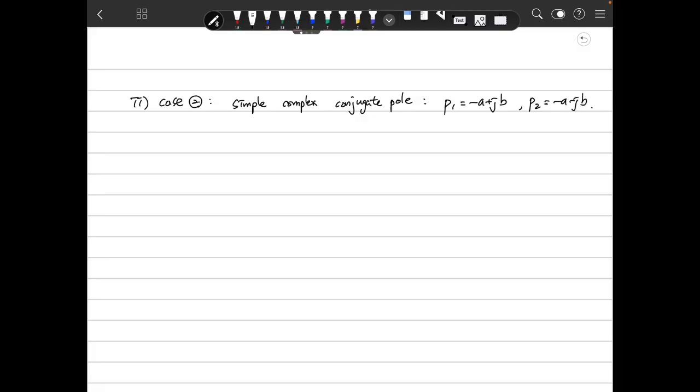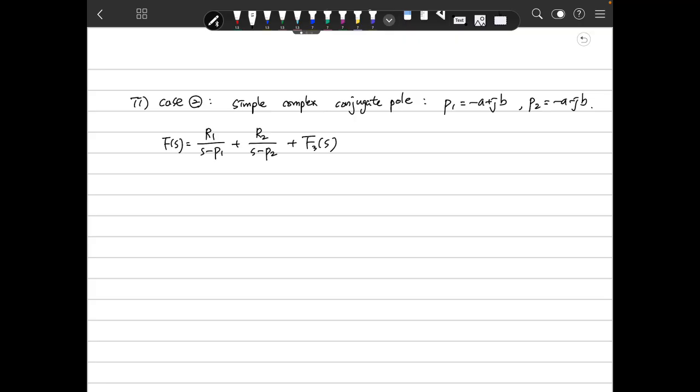We call this a simple complex conjugate pole. Let Fs be R1 over S minus P1 plus R2 over S minus P2, and we have F3S.